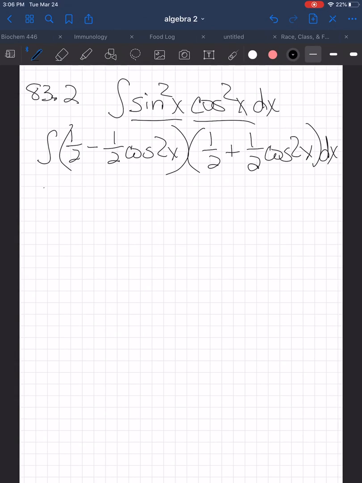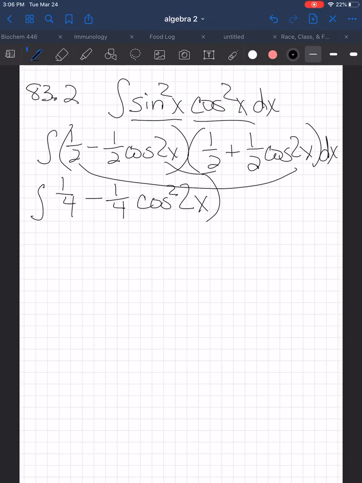So we'll have the integral of 1/4, and then the outer and the inner terms will cancel, so we don't have to worry about them. And then negative 1/2 times positive 1/2 is minus 1/4 cosine squared of 2x dx. So there's that cosine squared again.